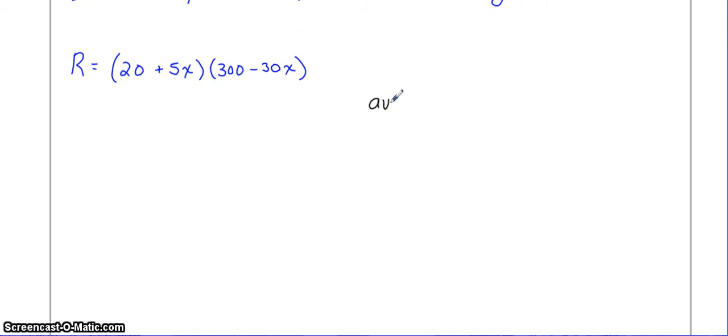So now all we want to do is average the zeros. Once again, if you wanted to complete the square, you'd have to FOIL this out, put it into standard form, and then complete the square. But since it's already in factored form, we're going to find the zeros.